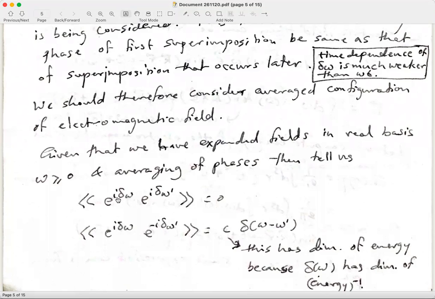The averaging process tells that this answer should be equal to a delta function of omega plus omega prime. But since omega is positive, omega plus omega prime will never be 0, so this expression would vanish. On the other hand, if you have e to the i delta omega times e to the minus i delta omega prime, then this will give you a delta function of omega minus omega prime with some normalization. And this, of course, has a chance of clicking when omega is equal to omega prime, both omega and omega prime being positive.